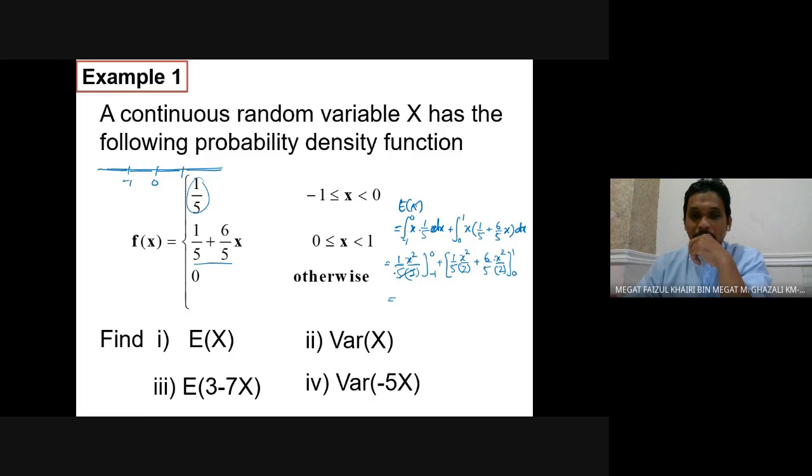So 5 times 2 equal to 10, and 5 times 2 equal to 10.